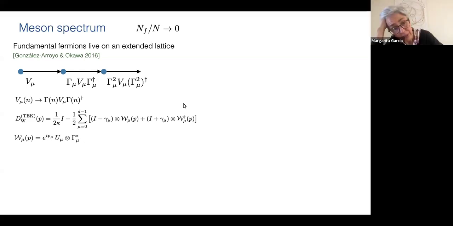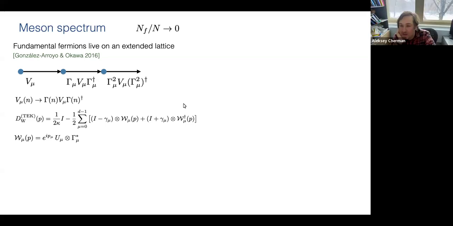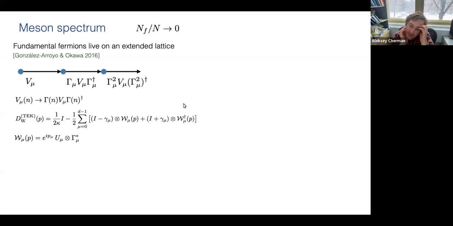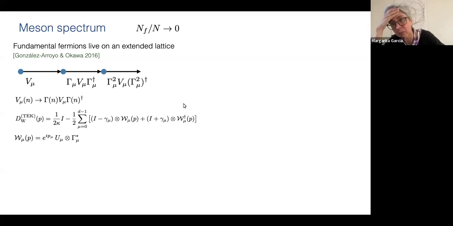I think the number of degrees of freedom for the TEK case is basically just the lattice. I told you that this is equivalent to a square root of N to the 4 lattice, and this is the number of degrees of freedom. Multiplying large matrices is more complicated, so the cost is not only the number of degrees of freedom.